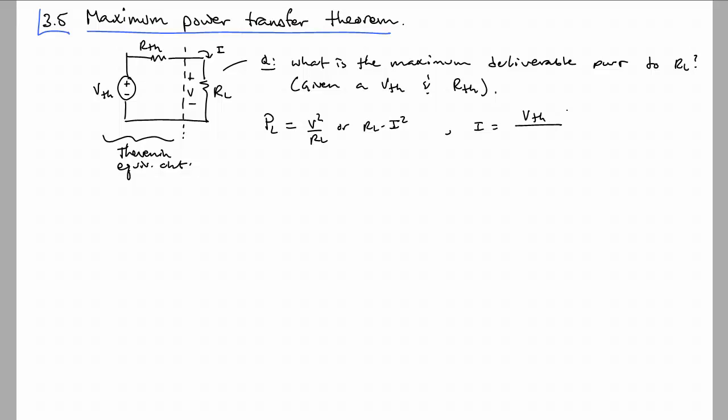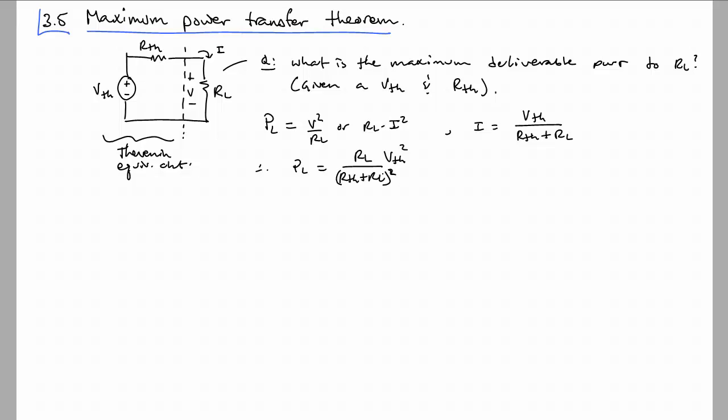So it's going to be the voltage driving current through that loop divided by the total resistance in that loop, which is just the sum of those two resistors. So the power delivered to the load is RL times that current expression squared: VTH squared over RTH plus RL quantity squared.